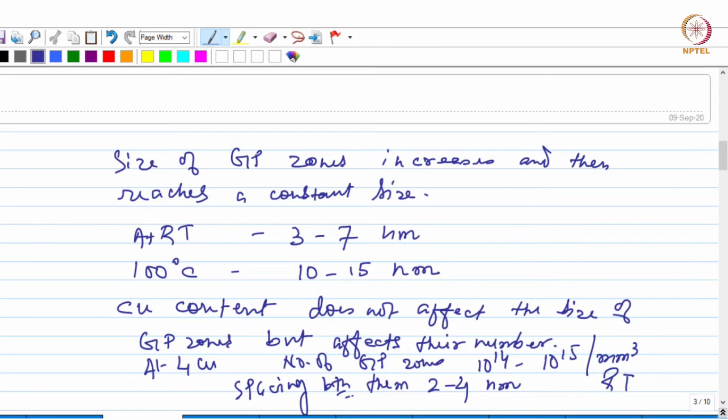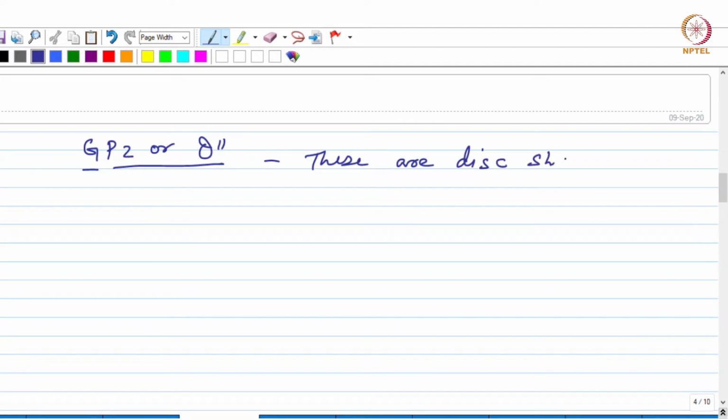The next phase which forms in this alloy is the GP2 or the theta double prime. These are disc shaped and are larger than GP1s.